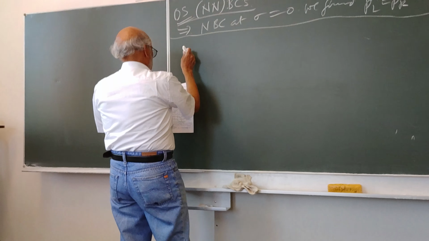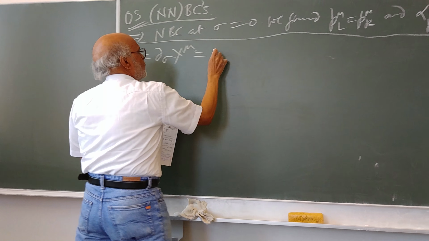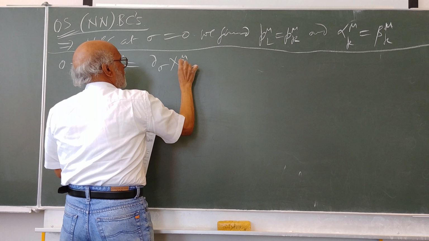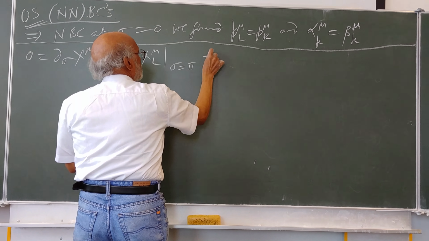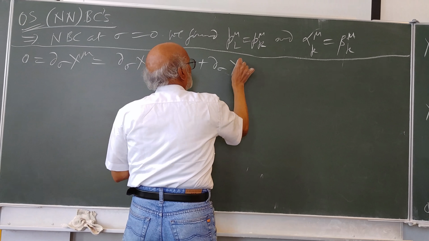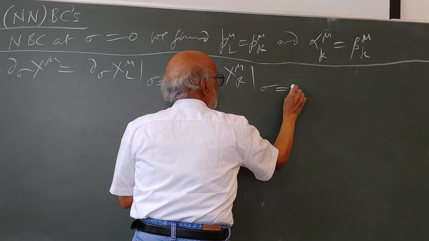What is that? So what we do is we apply 0 equal to del sigma x mu, which is del sigma x mu L at sigma equal to pi plus del sigma x mu R, also at sigma equal to pi.